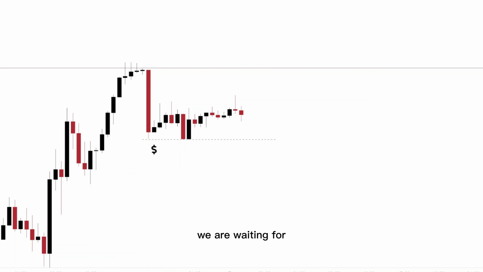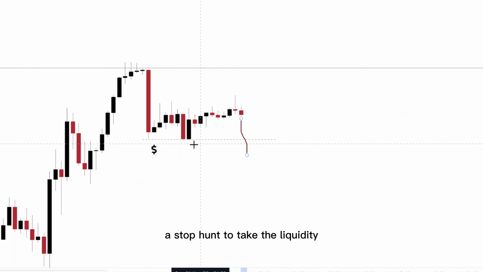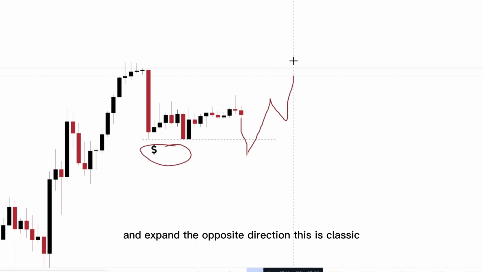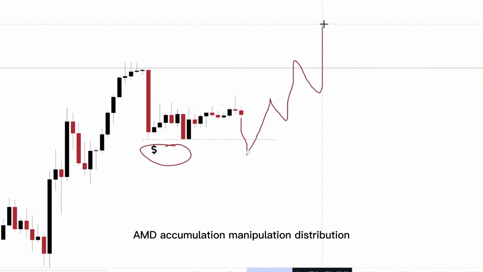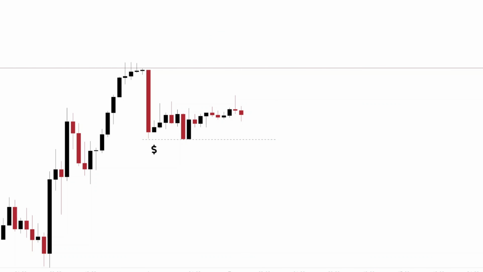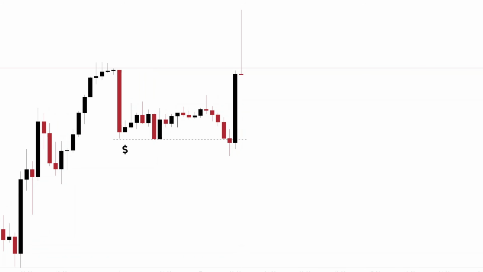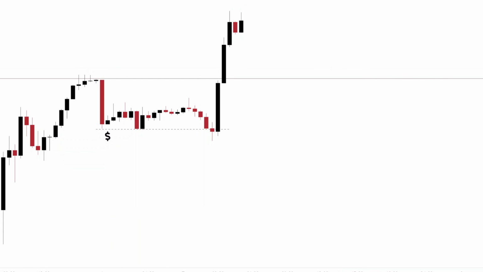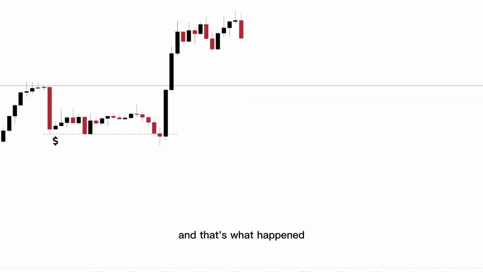We are waiting for a stop hunt to take the liquidity and expand the opposite direction. This is classic AMD, accumulation, manipulation, distribution. And that's what happened.